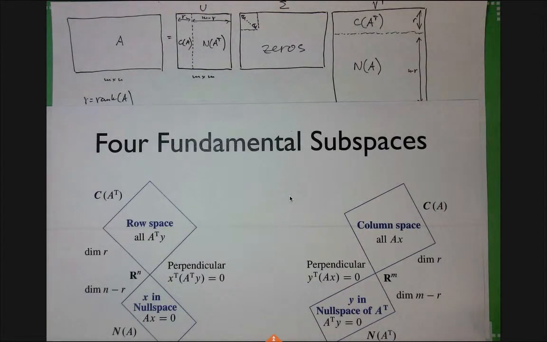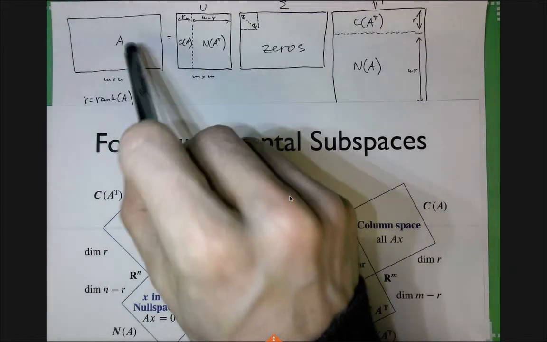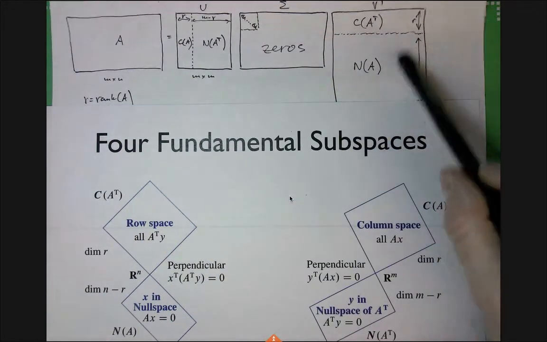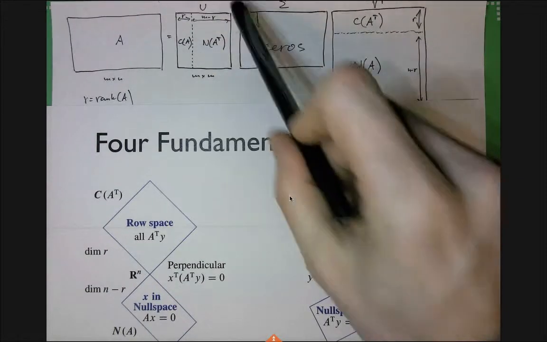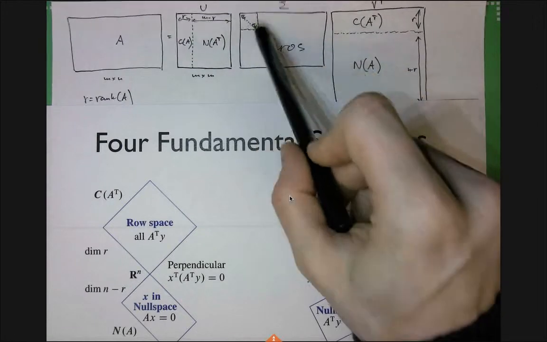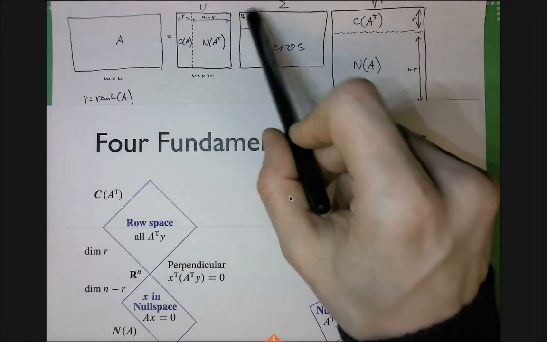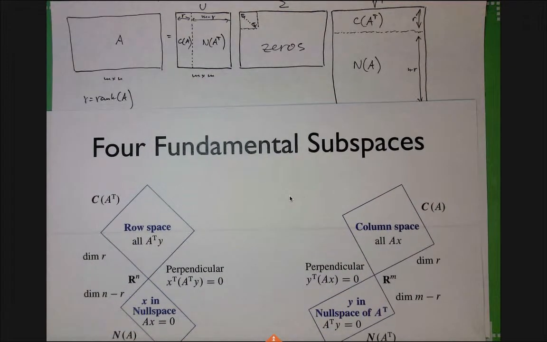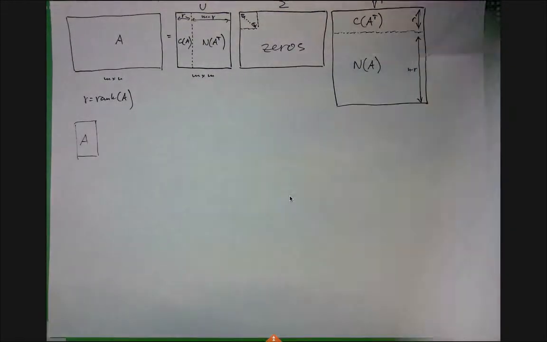And in these bases, what the matrix is doing is just mapping some guys to zeros, that the null spaces are being mapped to zeros. And what the matrix is doing in the column and row spaces is just a scaling of each component. It's like non-uniform scaling, just scaling of each coordinate. It's a diagonal matrix. So this, I think, is very cool.